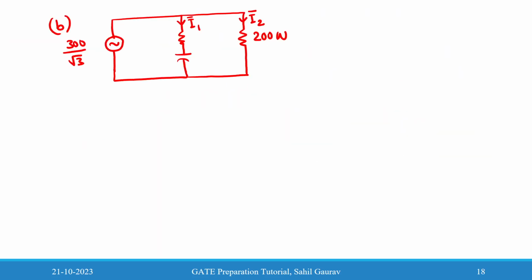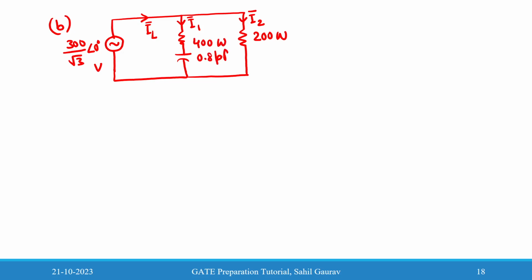Will this current remain the same as before or will it change? Sir, it will remain the same because the voltage is the same and it is connected in parallel with the voltage. Yes, correct. Very good. So it remains the same because the voltage is the same. It is connected in parallel.